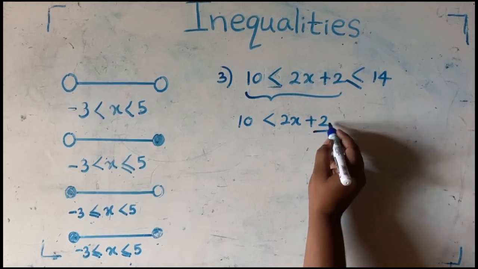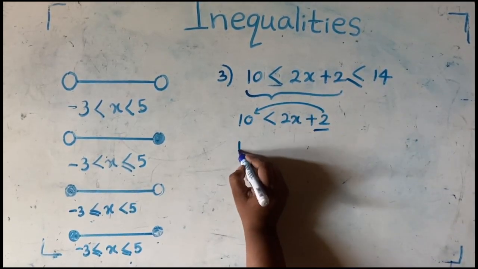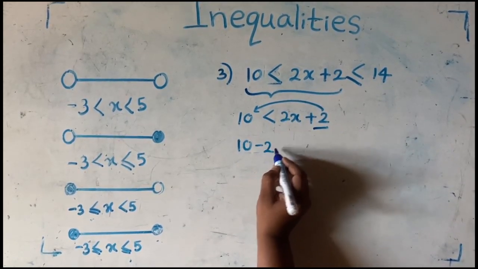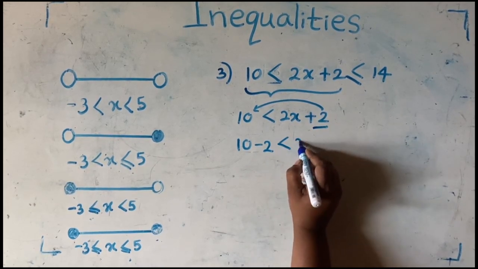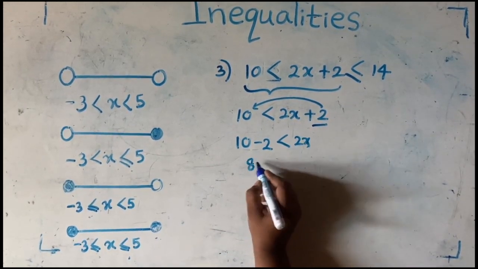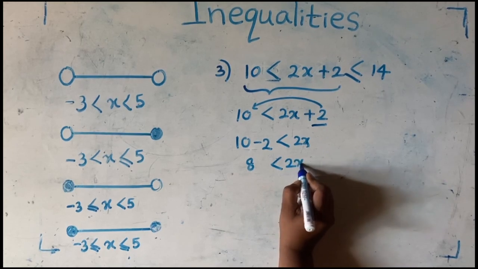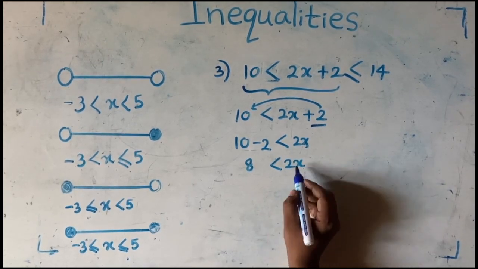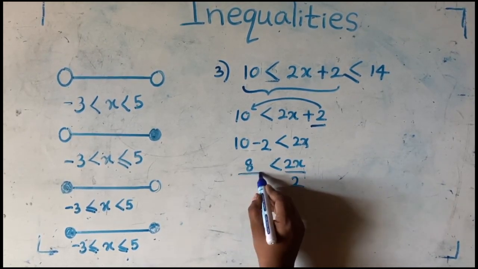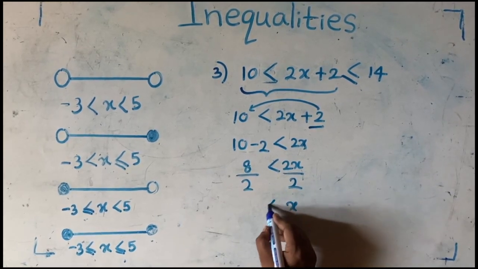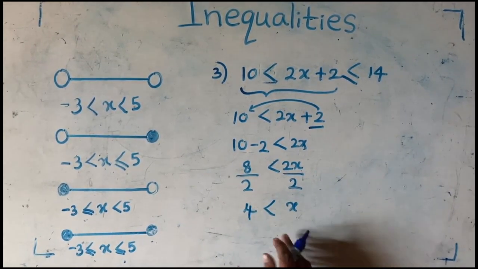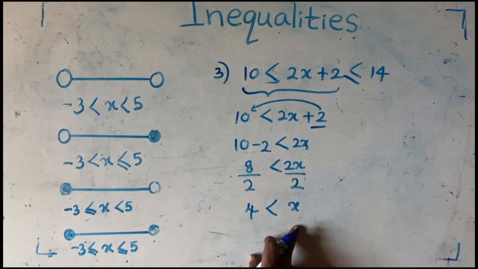So I am taking this 2 to this side. Then 10 subtract 2 is less than 2x. Then 8 is there. I want to get only the value of x, so I am dividing both sides by 2. Then x is greater than 4.